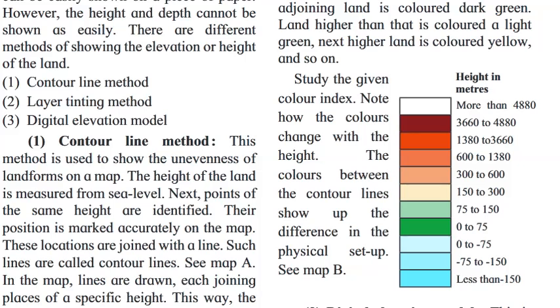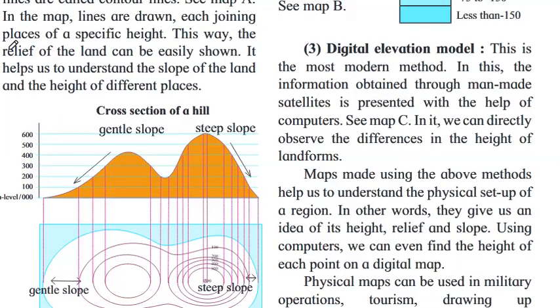This way, the relief of the land can be easily shown. It helps us to understand the slope of the land and the height of different places. Cross section of a hill: gentle slope, steep slope.